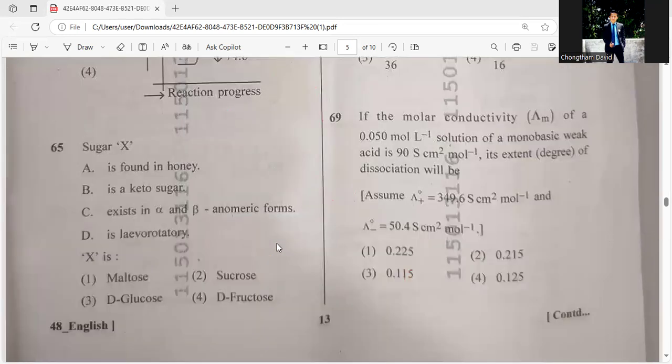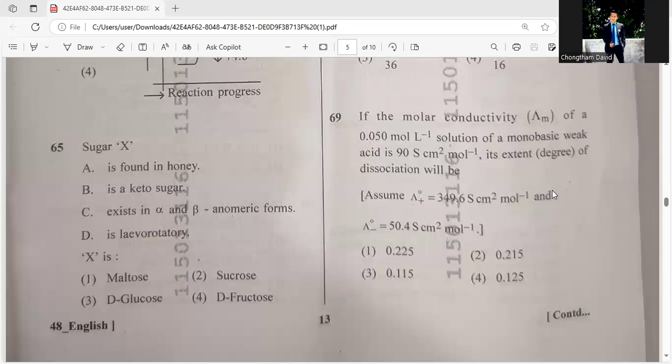Question number 69. If the molar conductivity of 0.050 mole per liter solution of monobasic acid is 90 Siemens centimeter square mole inverse, its extent of dissociation will be. So you're given different options here. We are supposed to find the degree of dissociation.